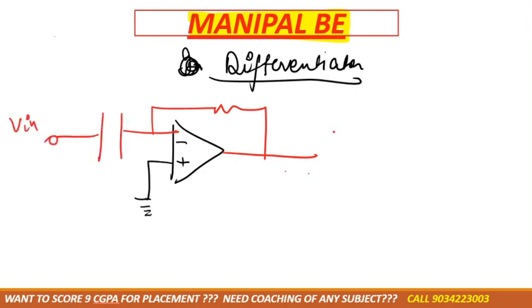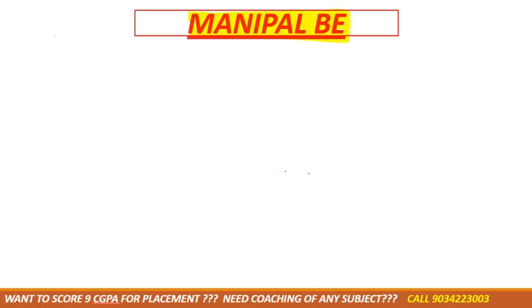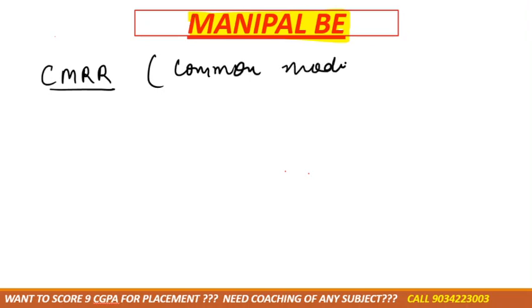So V0 equals minus RC, differentiation of V by dt, as you know, with RF. Next I told that they'll give, right?